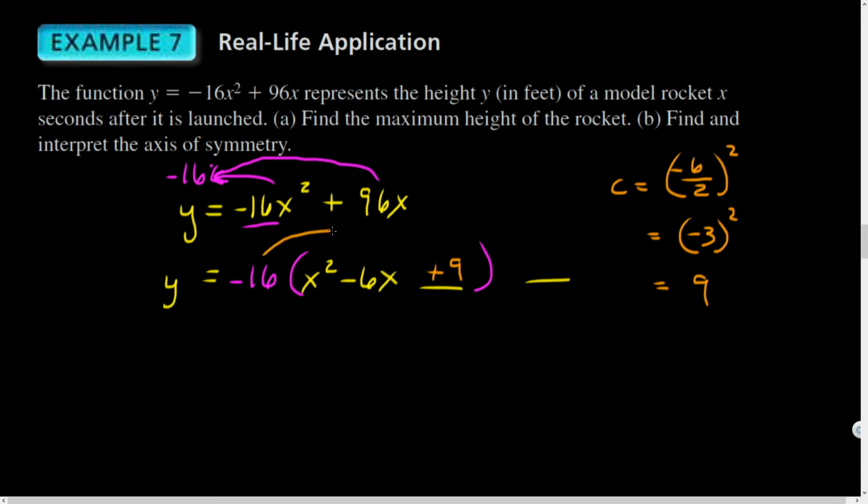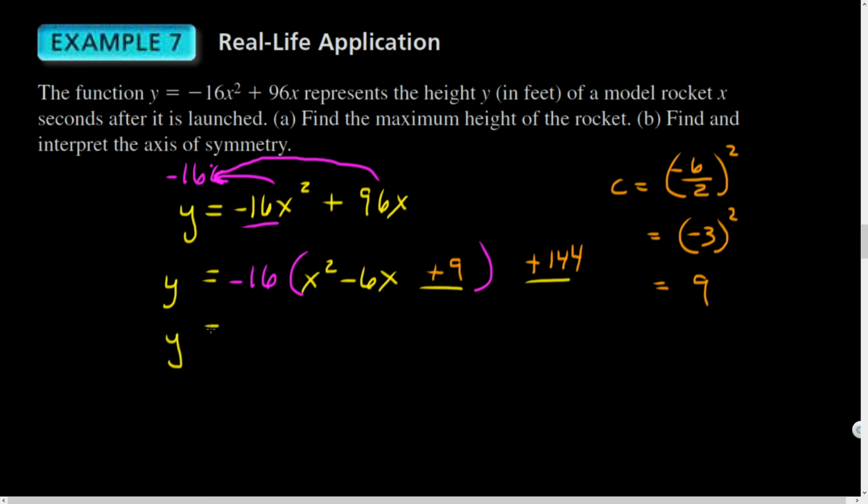But in the world of the equation, whatever 9 times -16 is, -144, I'm technically subtracting 144. That is what occurred when I added 9 in the world of parentheses. And so to balance that, I've got to add 144 here. Okay, that part's a little sneaky tricky, so be careful.